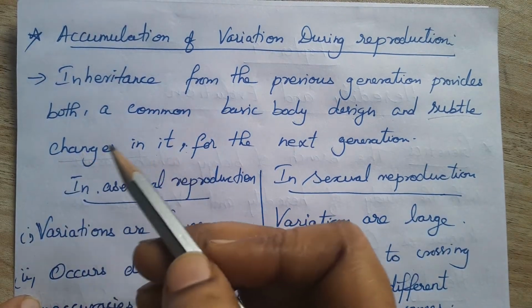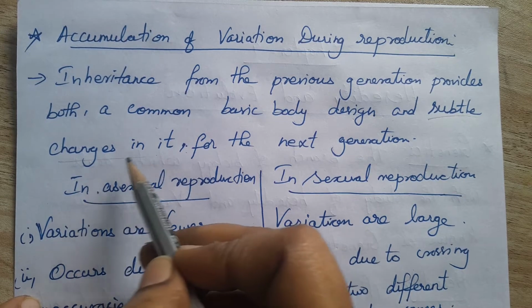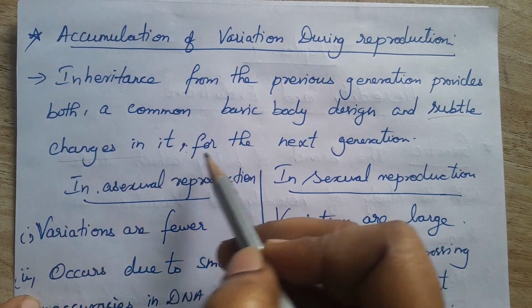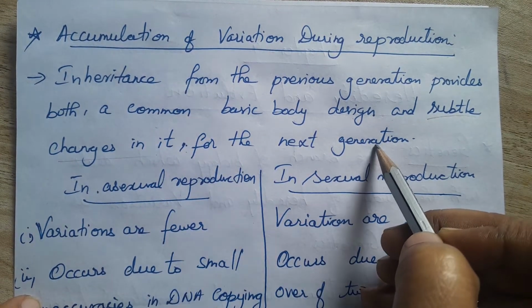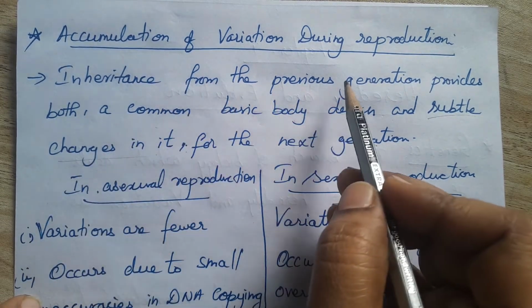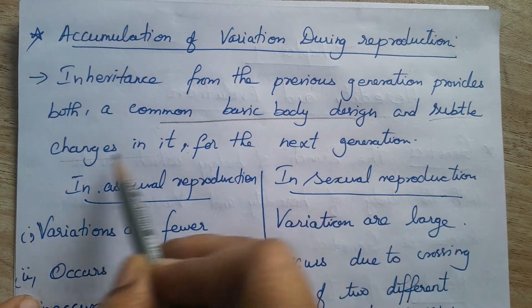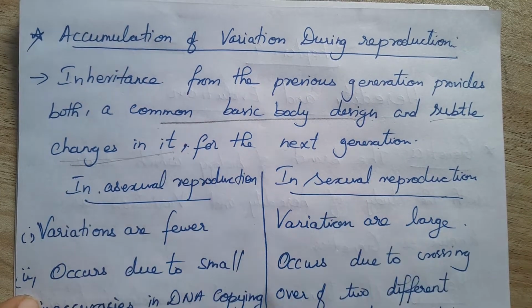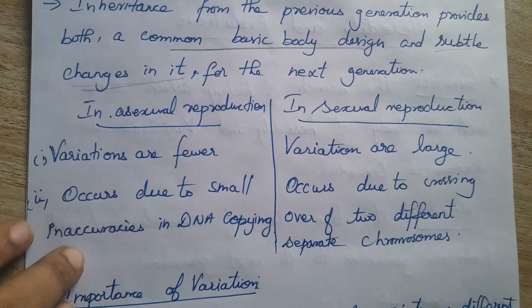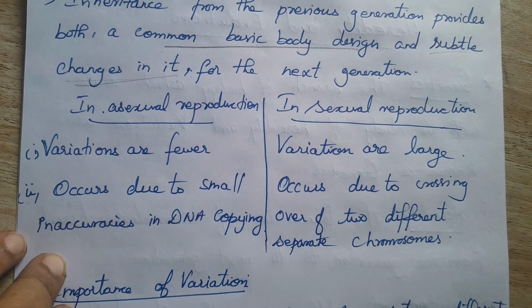We are not even able to notice them. That much change only takes place for the next generation. In which reproduction are the variations more?